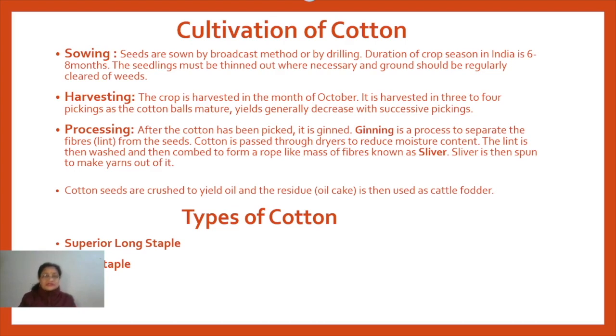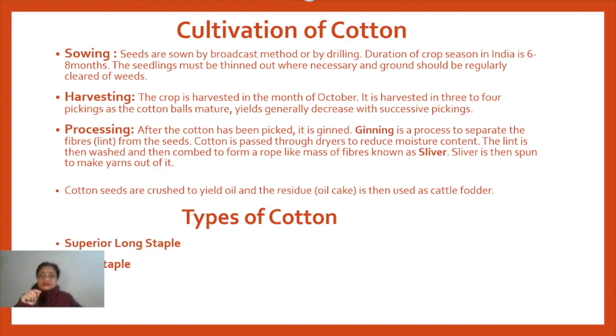When harvesting has to be done, generally in the month of October it happens. Now what is harvesting in this case? We are not harvesting the plant as a whole. We are talking of the cotton balls. When we do the picking of the cotton balls, that is called harvesting.